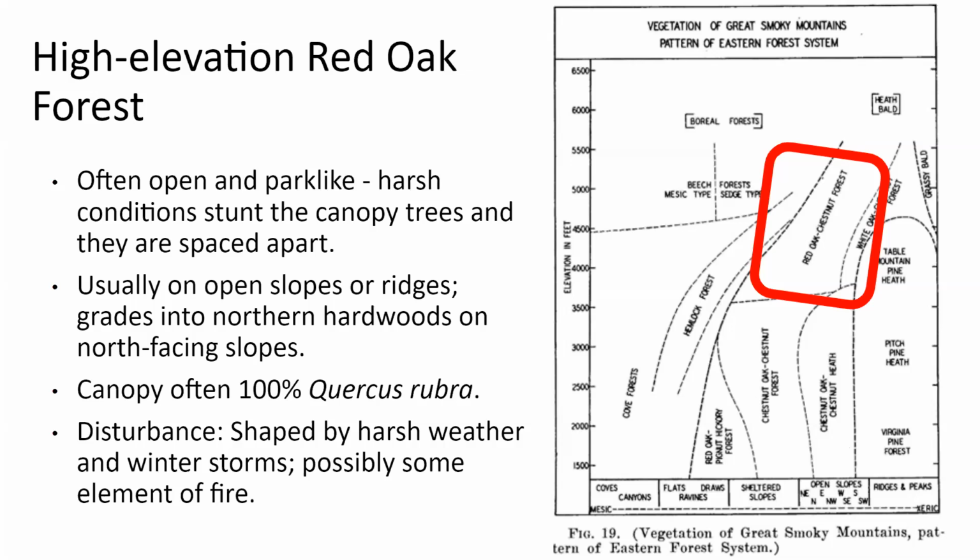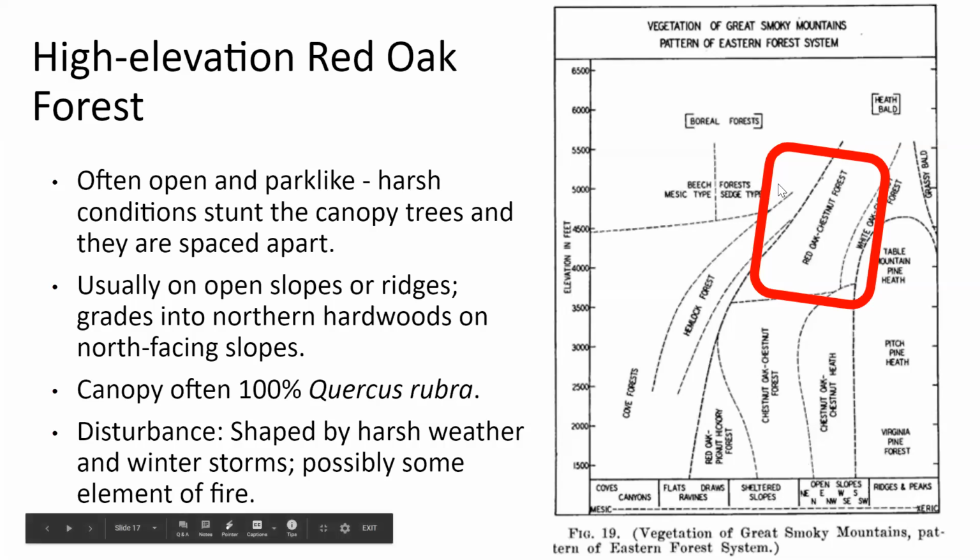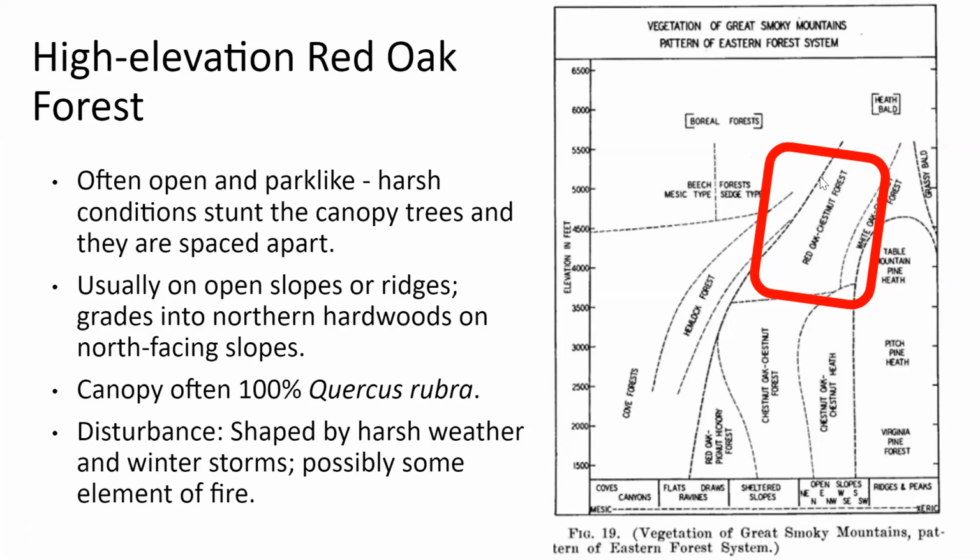And that's partly just because of the exposure and harsh conditions, right? The canopy trees are kind of stunted and they're spaced farther apart. And when you get into the northern slopes, right, it sort of segues, if you imagine this goes into the northern hardwood forests. But if you're in a northern hardwood forest that's like a protected bowl, then you get out to an open slope.